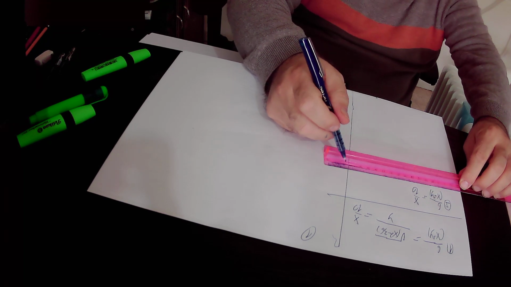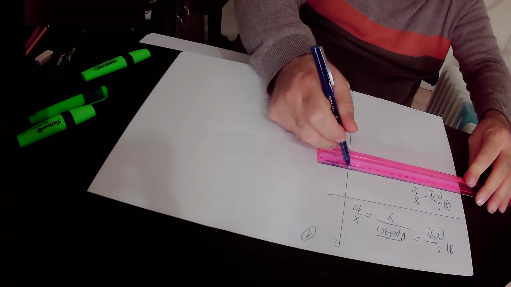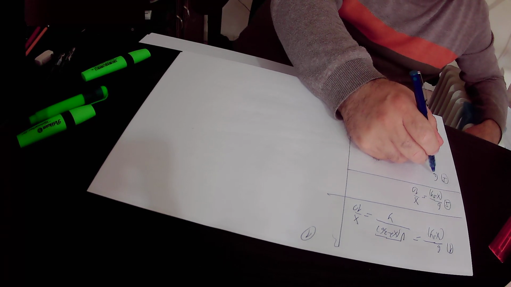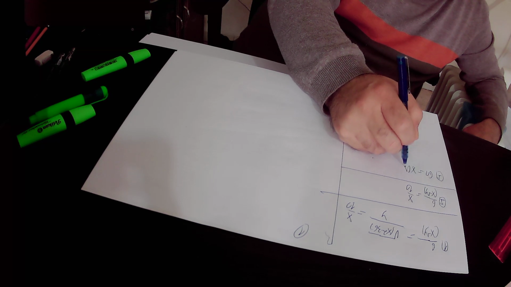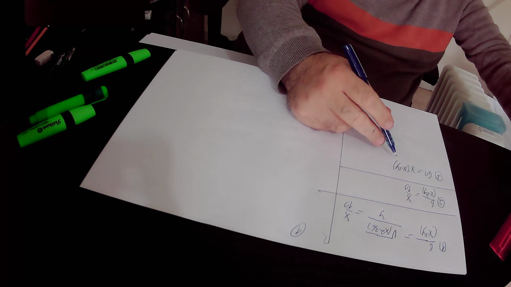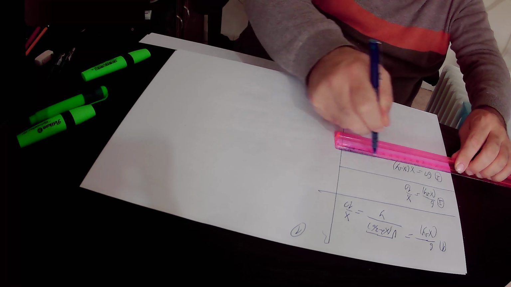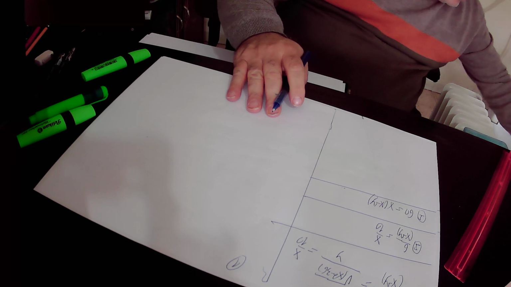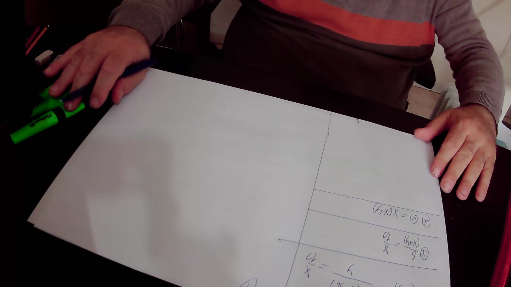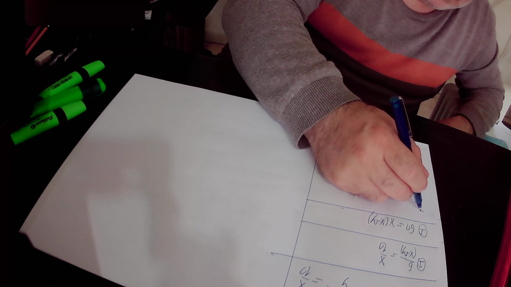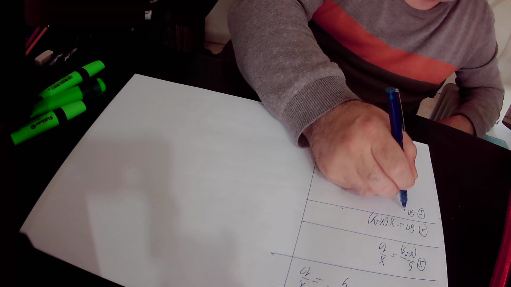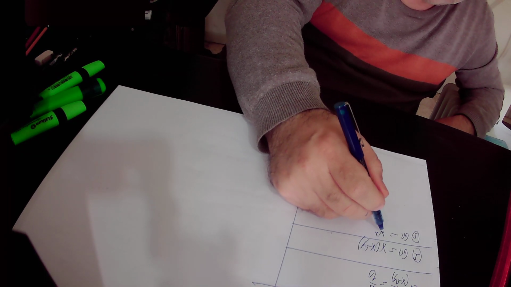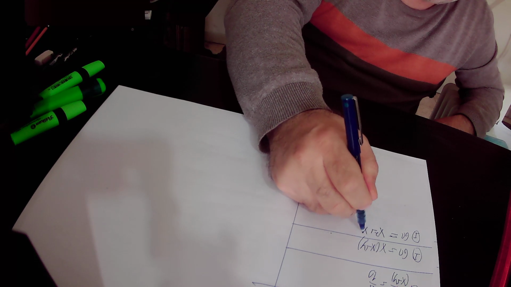Here we will cross multiply this equation number 1, and we get that according to equation number 1, 6 times 10 is 60, and it is equal to x times x plus y. We will open the brackets on this side, and we get that 60 equals x times x is x squared plus xy.